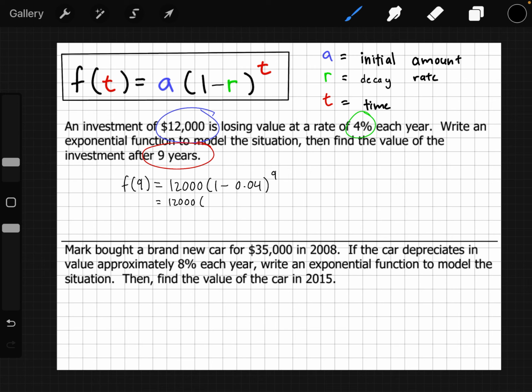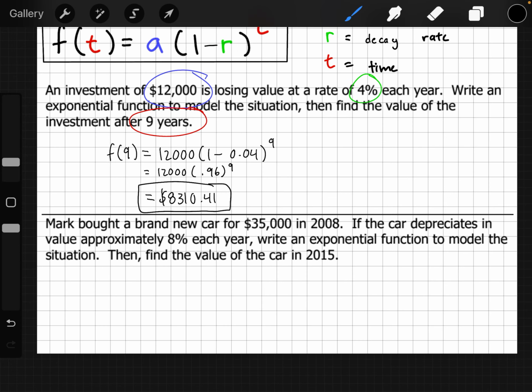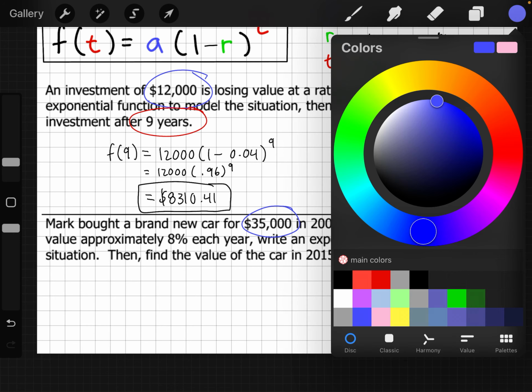That's 12,000 times 0.96 to the power of 9 equals 8,310.41 dollars. So after 9 years, the value will decrease from $12,000 to $8,310.41.